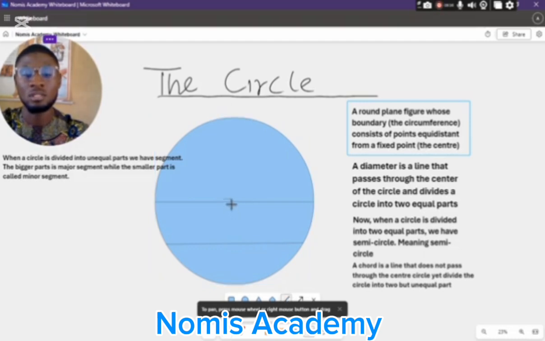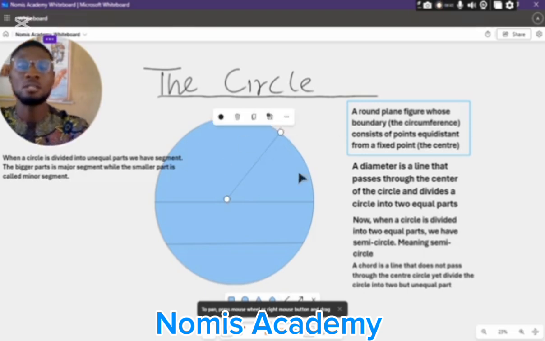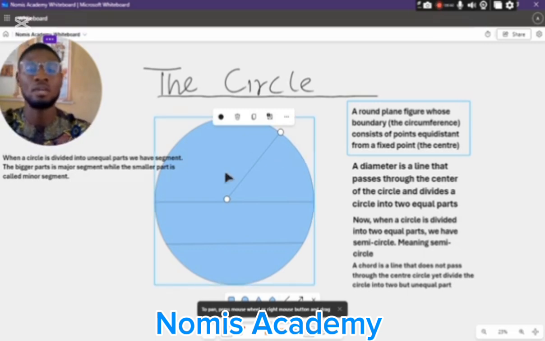It could be anywhere on the circumference. This line is called the radius. So the radius is a line drawn from the fixed point in the center of the circle to any point of the circumference of the circle.